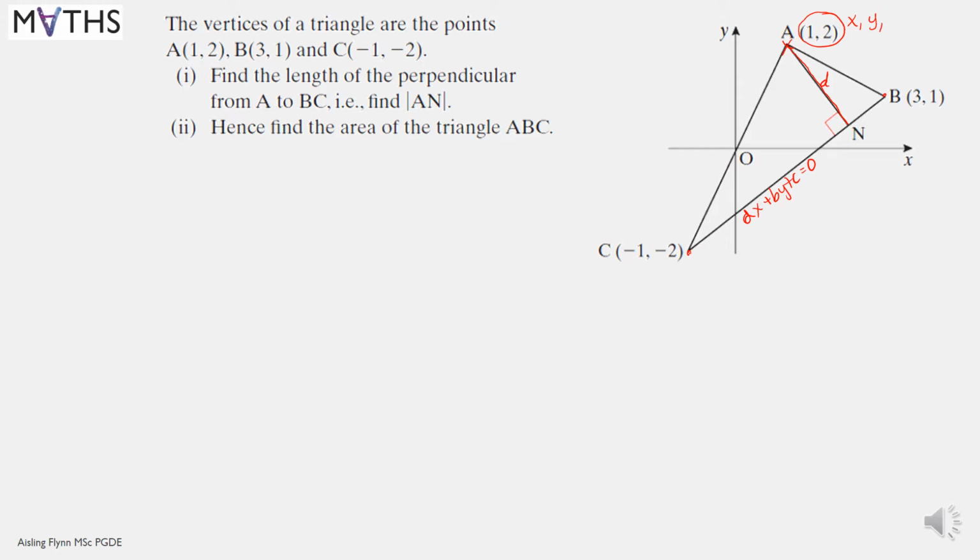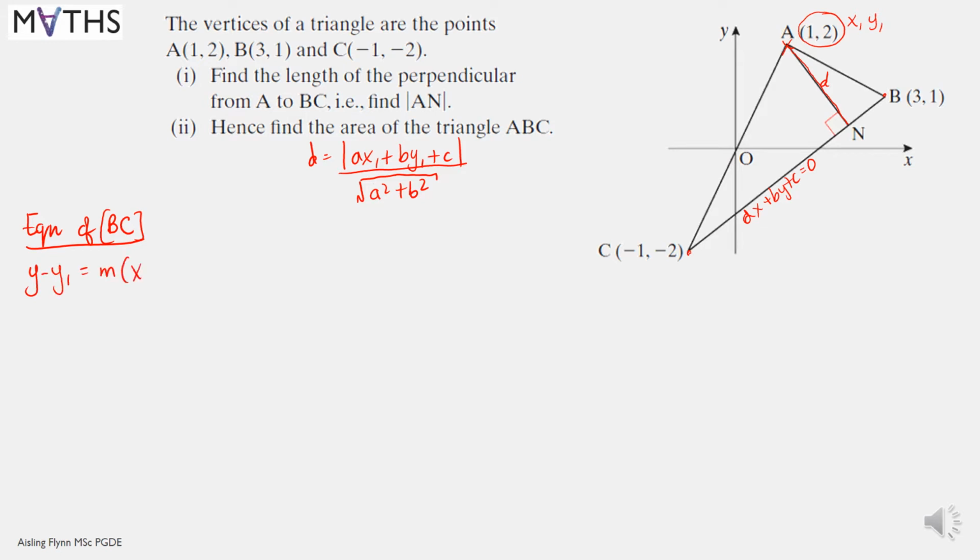Okay, before we can complete the formula for the perpendicular distance, which is here from your formula books, before we can fill this out, we need the equation of that line BC. So that's our first task. Okay, and to do that we'll use the equation of the line formula, which you're familiar with now.